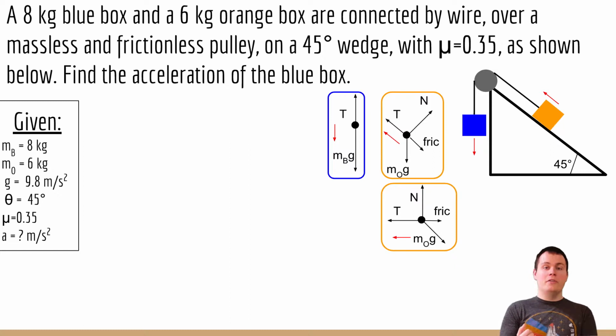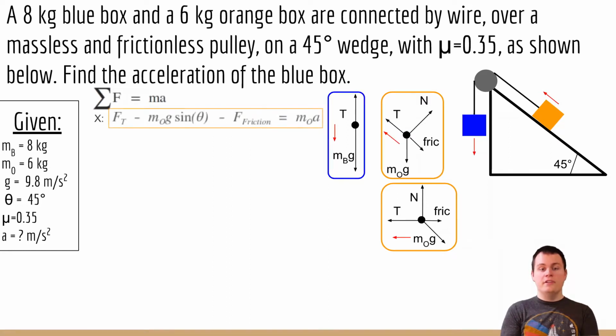Next, I'm going to write out Newton's second law equations for each of the blocks. I started with the orange block in the x direction. If we call upwards positive, then we'll have a positive force of tension subtracting the component of the force of gravity as well as the force of friction, and we set that equal to the mass of the orange block times acceleration.